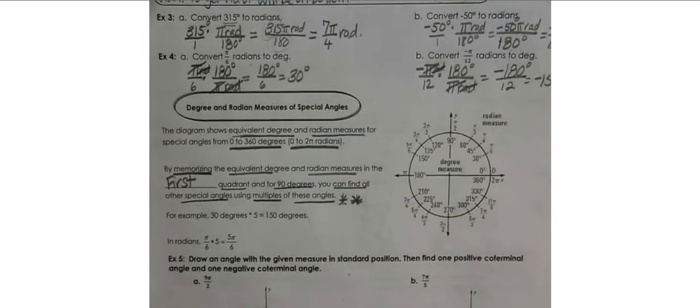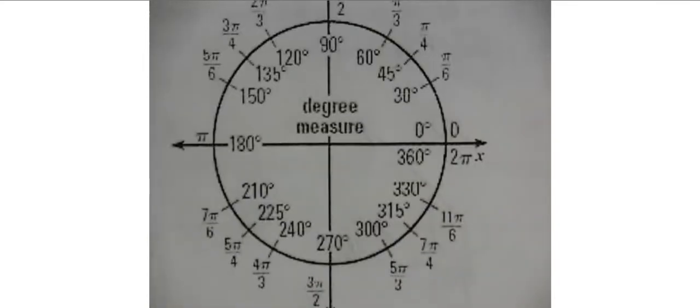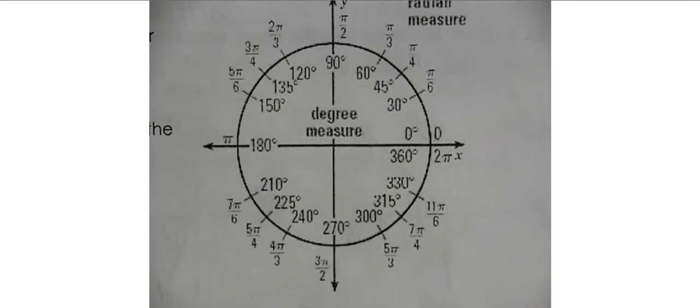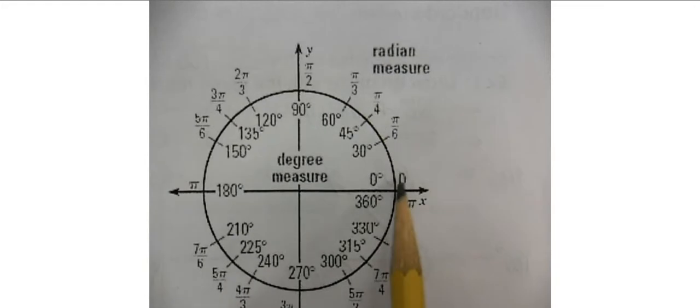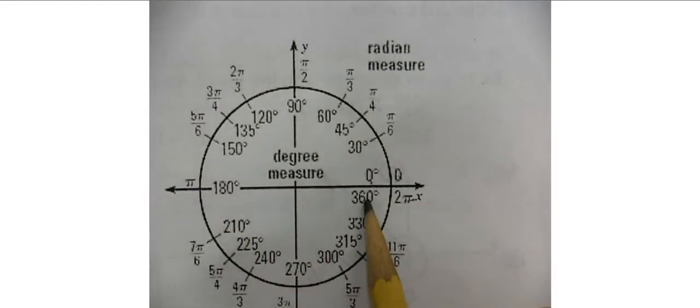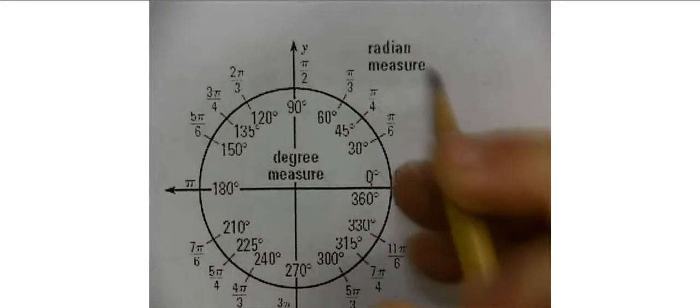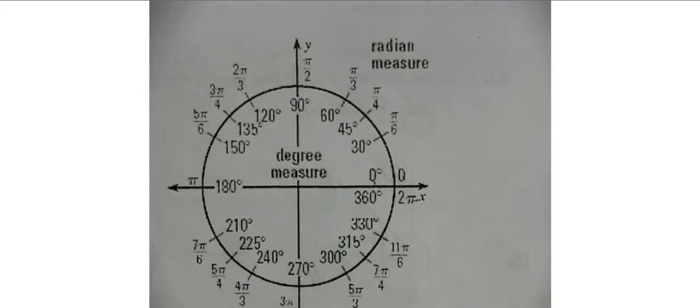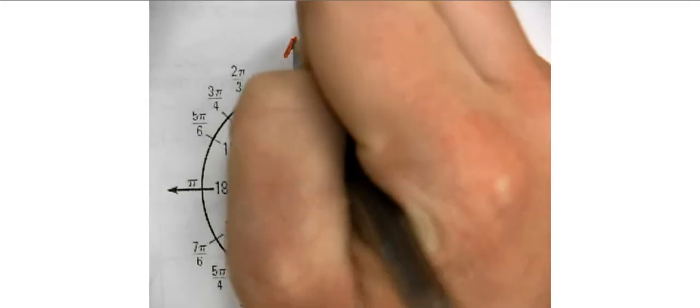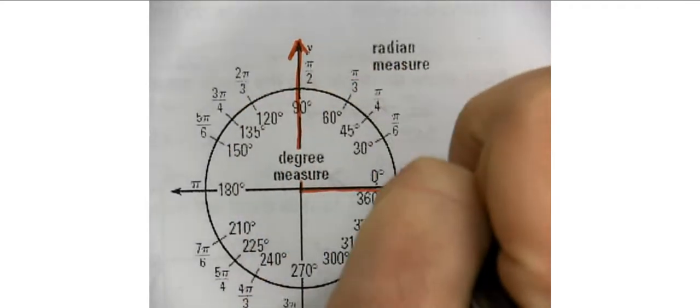But the thing that I want you guys to keep in mind is this. Looking at this picture, I'm just going to zoom it in. We're going from 0 all the way to 2 pi, from 0 degrees all the way to 360. As long as you know the first quadrant, and I'll talk really quick about what I plan to go over in class.